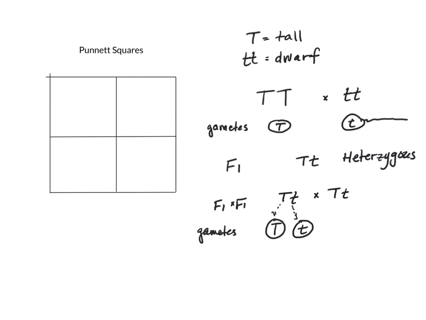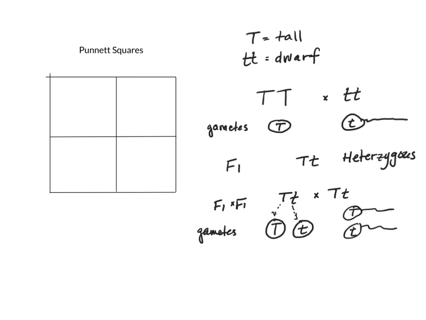Remember, we have to divide them in half, so each egg gets only half of the DNA. The parent that's going to make the sperm has the same options: one sperm can get the dominant allele, the other half of the sperm can get the recessive allele.